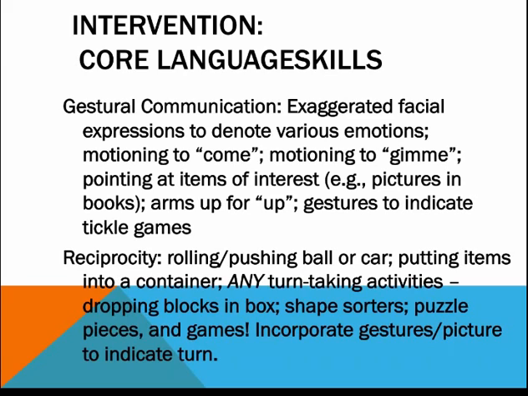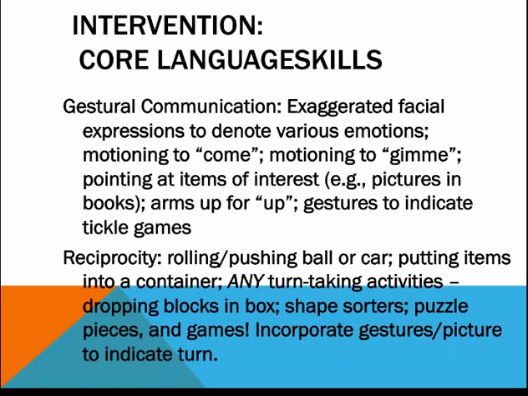And then reciprocity. I always say you cannot engage in enough turn-taking activities with any child that struggles with communication, whether verbal or not. And reciprocal activities can start with very basic rolling, pushing a ball back and forth, or a car, zooming a car back and forth.